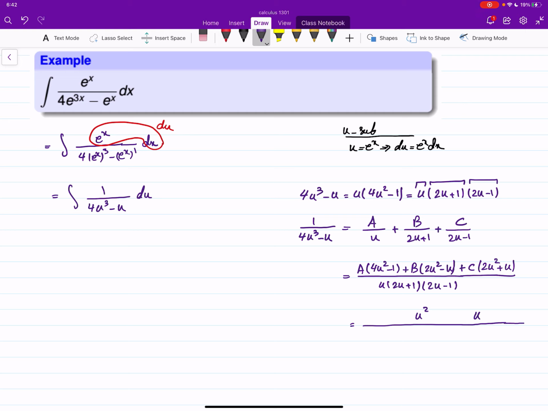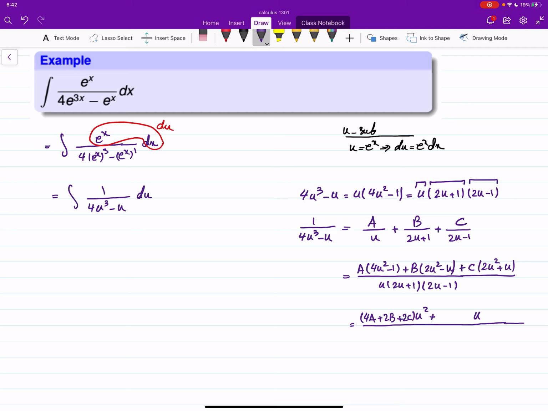So for u squared, the first one is going to give me 4a, the second one is going to give me 2b, and the third one, sorry, 4a plus 2b and then plus 2c.